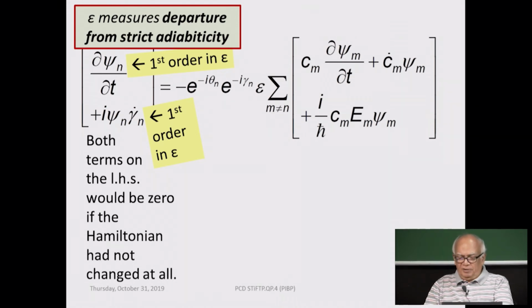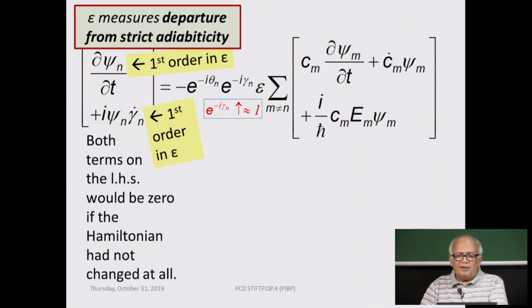Okay. On the right hand side also there are some terms which are first order in departure from adiabaticity, right. So, e to the minus i gamma n is nearly equal to 1. Okay.